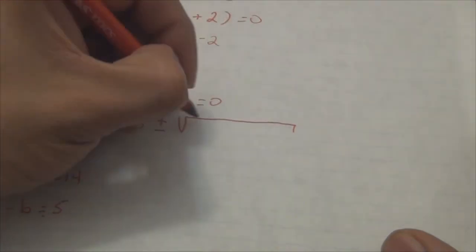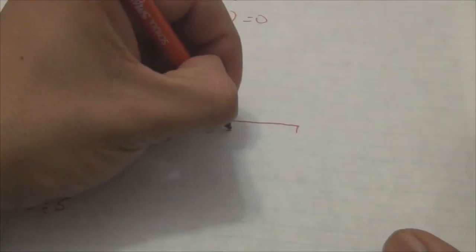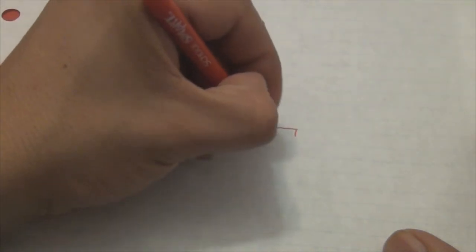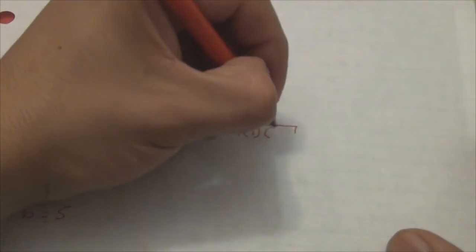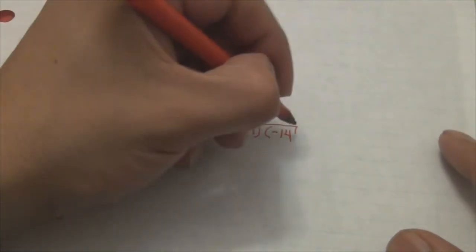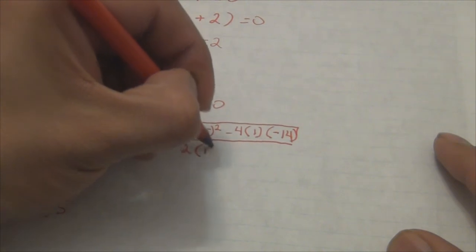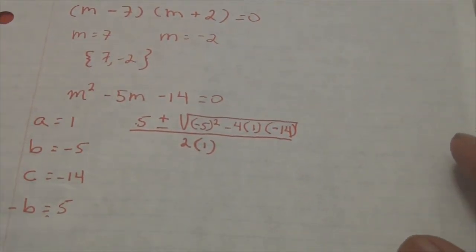B is negative 5, so the square root of negative 5 squared minus 4 times a, which is 1, and c, which is negative 14. And everything gets divided by 2 times a, which in this case is 1. See? No letters, no nothing, just pure numbers.